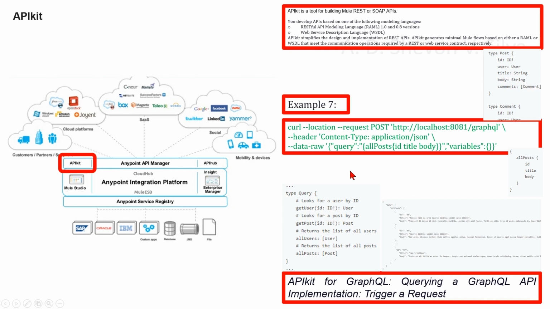Here we get a response. Here you can see ID, title, body, ID, title, body. Here also ID, title, body for all the posts.